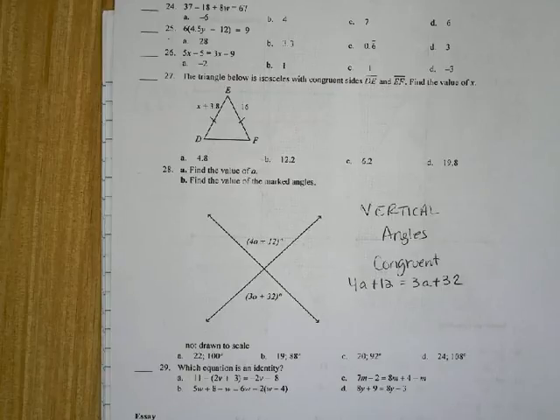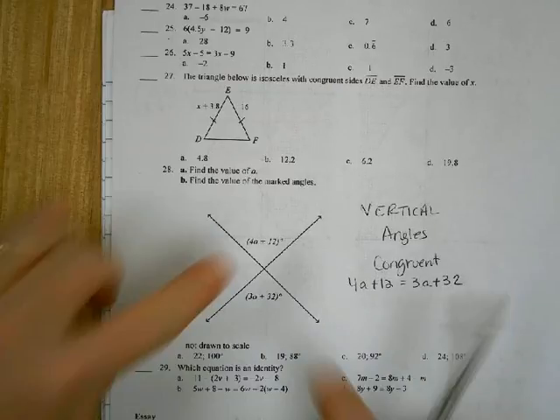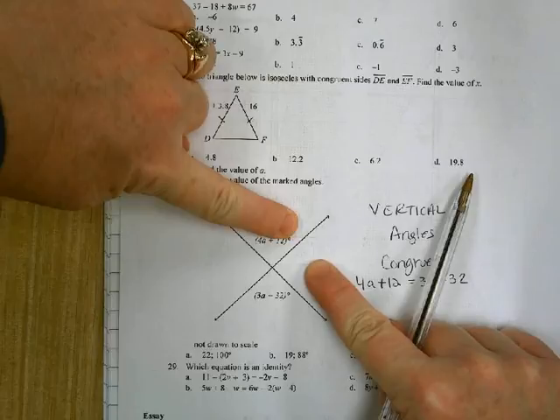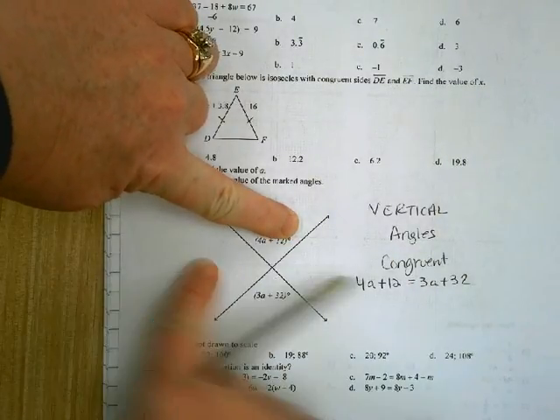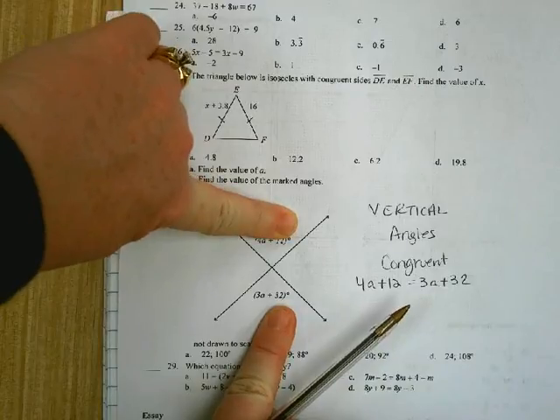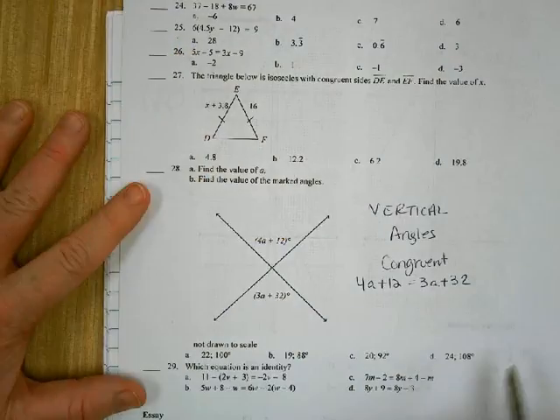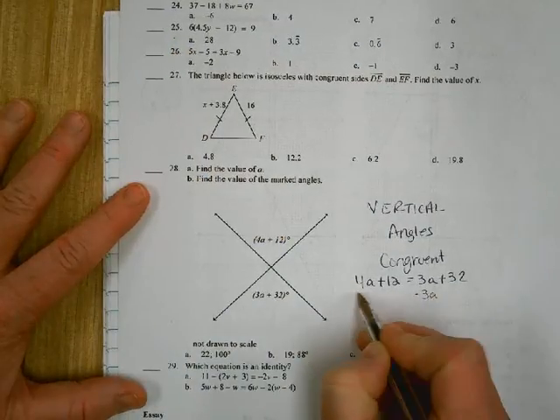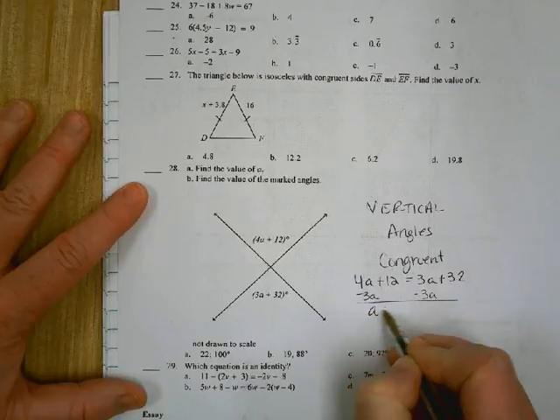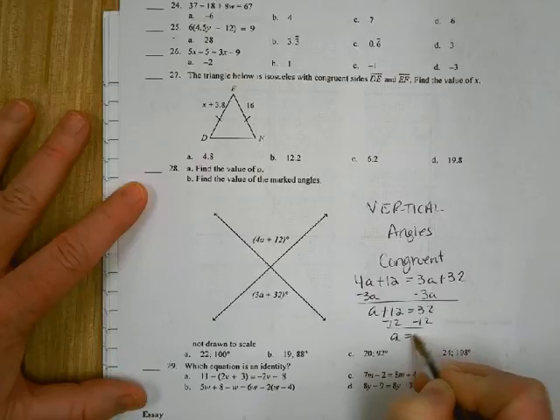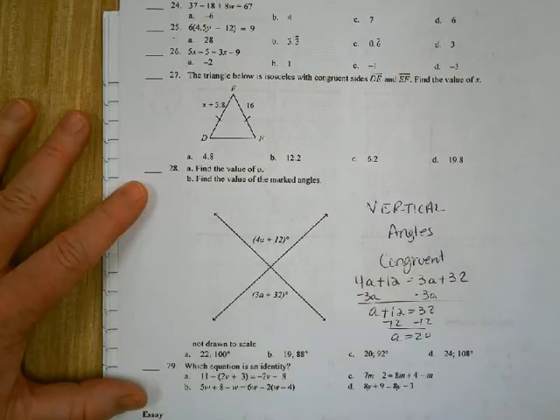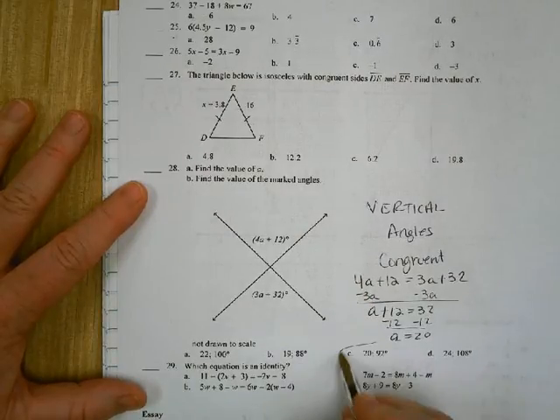These two right here would be called adjacent because they're side by side. But since these two are directly across from each other, they're vertical. Subtract 3A. A plus 12 is 32. Subtract 12. A is 20. And then when you plug in, you'll get 92.